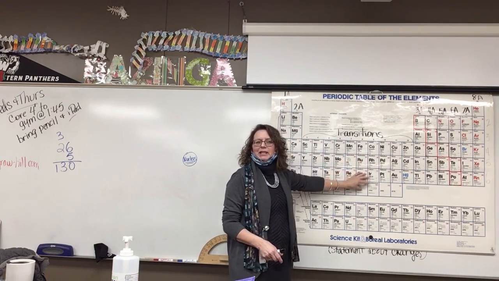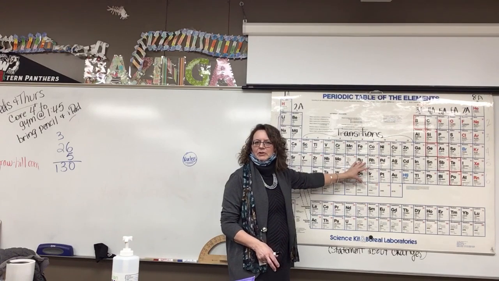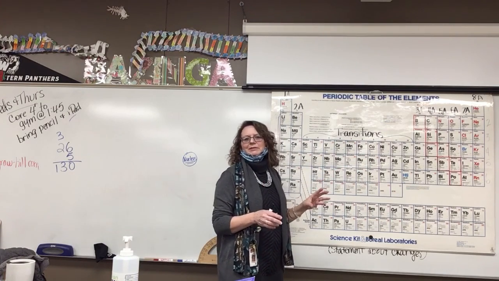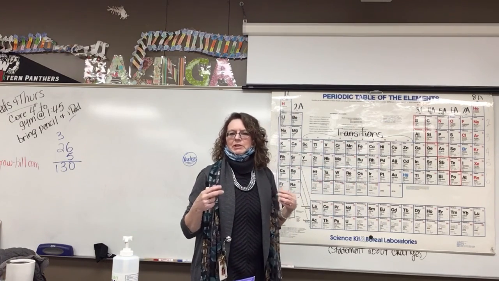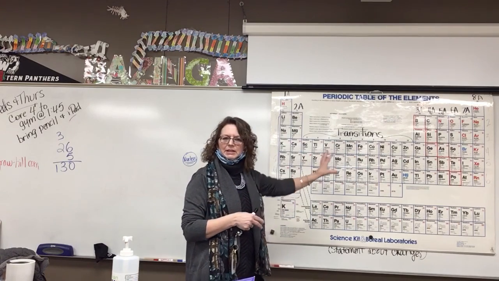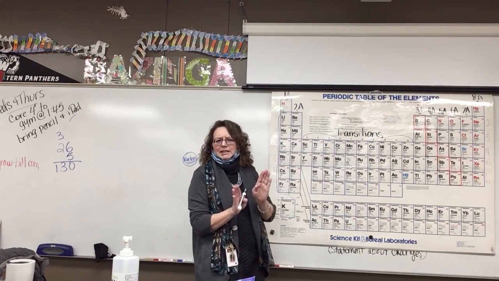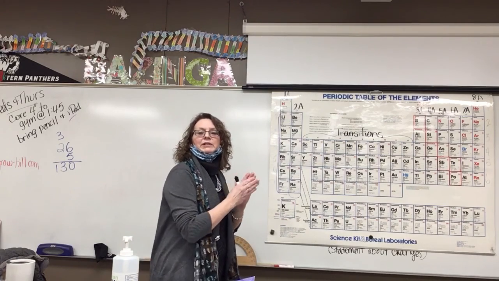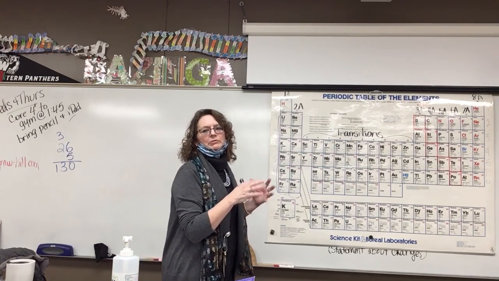Some of them actually have more than one type of electron configuration. We skip those because, just like the English language, there are always exceptions to the rules. These have slight exceptions, so I don't do those with you. I only do the ones that follow the rules so that you can do this correctly.